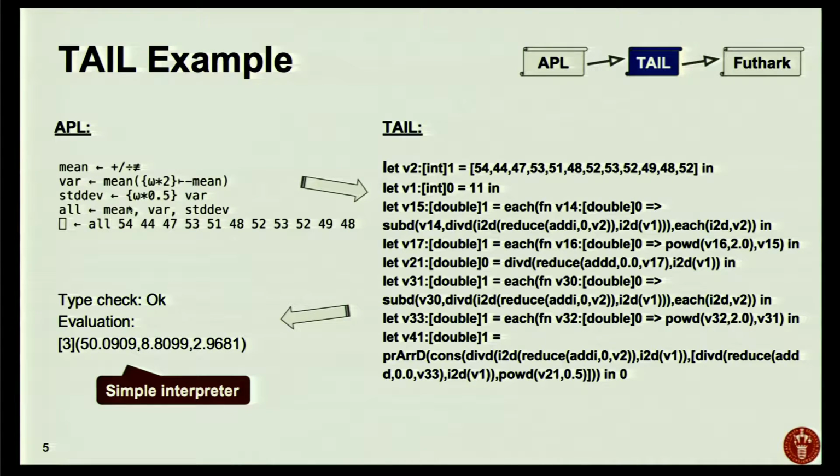So here's an example, just from TAIL's point of view. Here you see some APL code, the mean, the variance and the standard deviation, using some symbolic Mongol jungle, and it's going to translate this into this TAIL language.